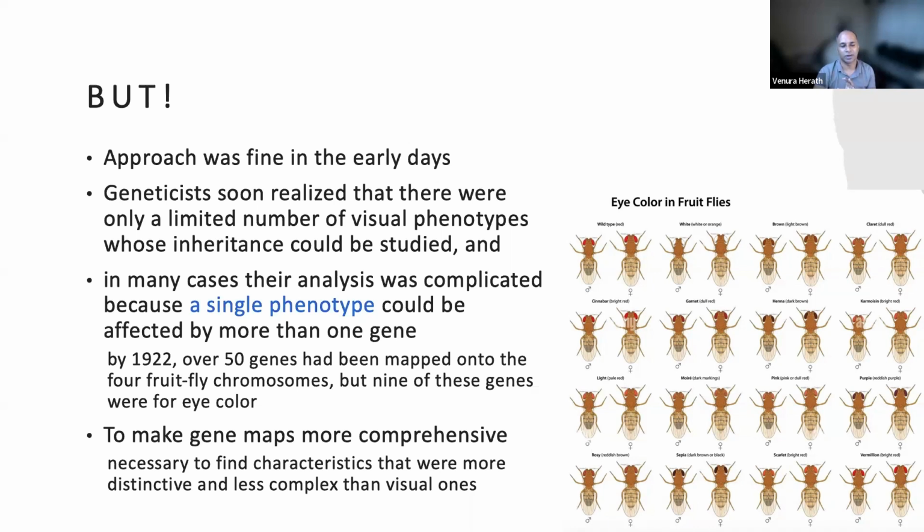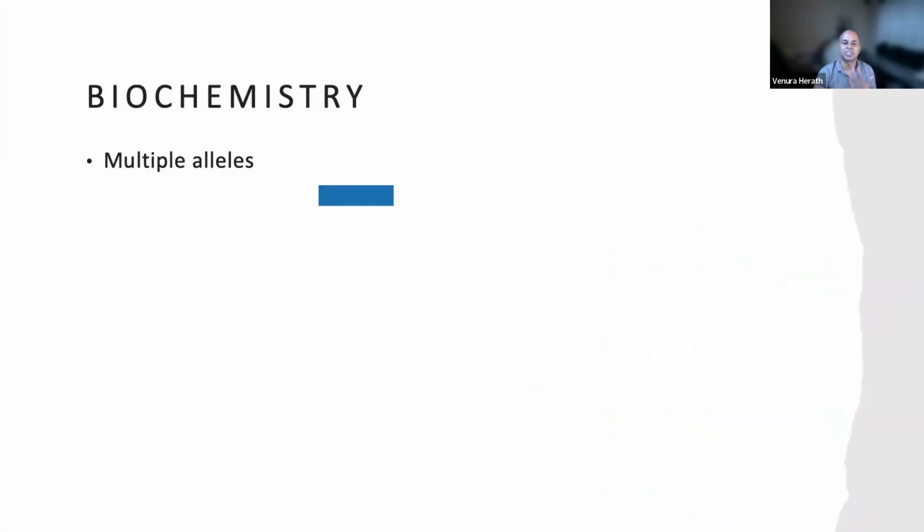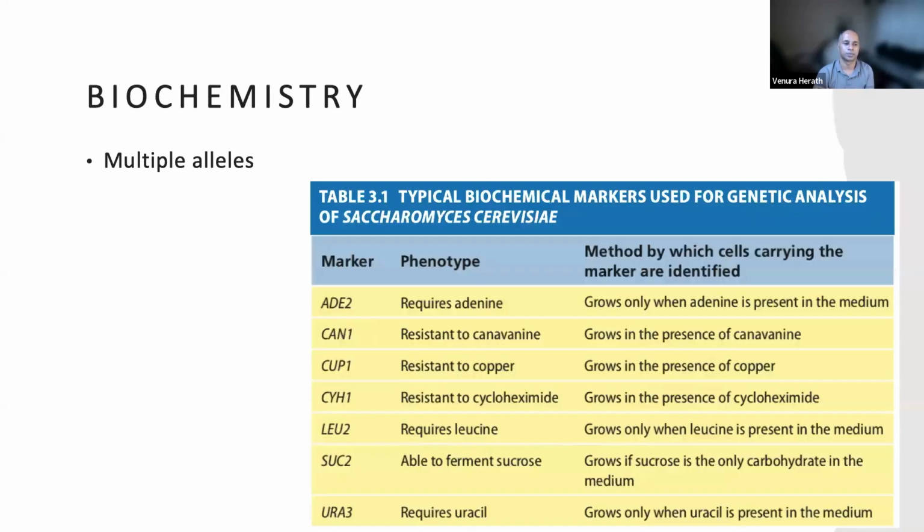What they found was that if you look at the biochemistry of your favorite organisms, then you have a chance to find multiple alleles that are represented by different biochemical compounds. Okay, so this is an example, as you can see here.